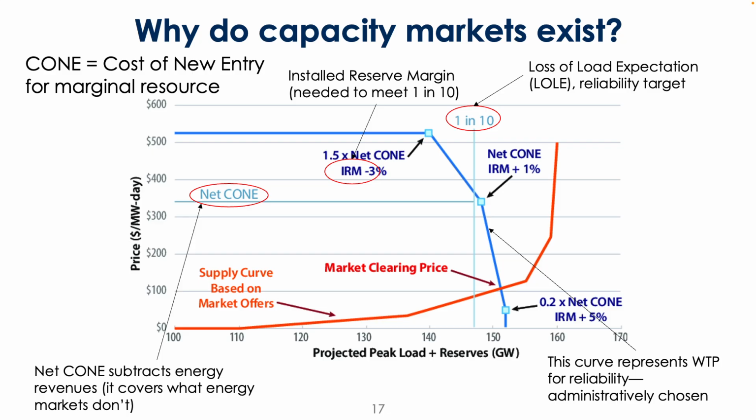If the cost of the generators were way higher, and this supply curve went up like this, and the clearing price were up here prior to the 1 in 10, what are we saying? We're essentially saying, well, the cost of that extra capacity, even to deal with that 1 in 10 event, is not worth it.